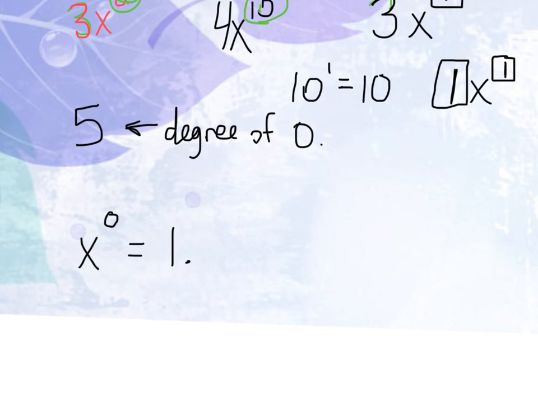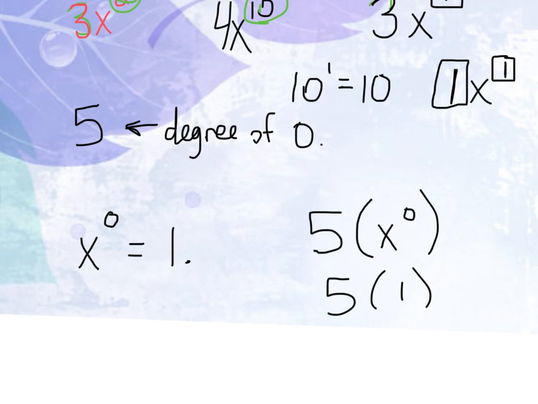So if we were able to multiply 5 times x to the power of 0, this is actually the same thing as 5 times 1, which is just 5. And so that's the reason anytime you have a number by itself or a constant with no variable, the degree is actually 0, because if you were to multiply it with a variable, the degree of that would have to be 0. So kind of weird. Hopefully that helps make sense of why.